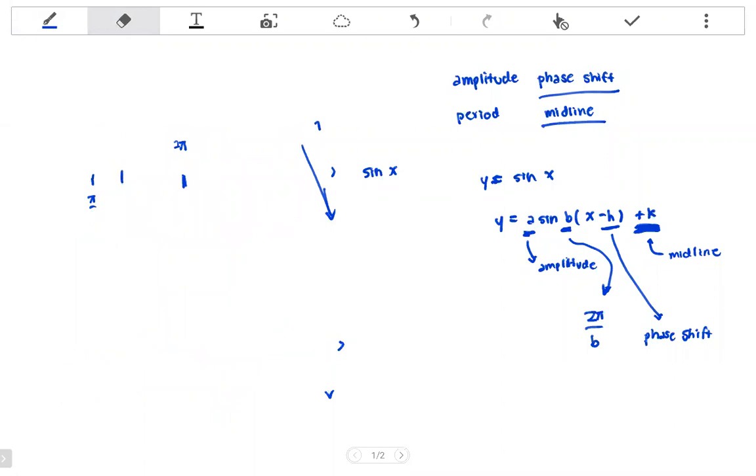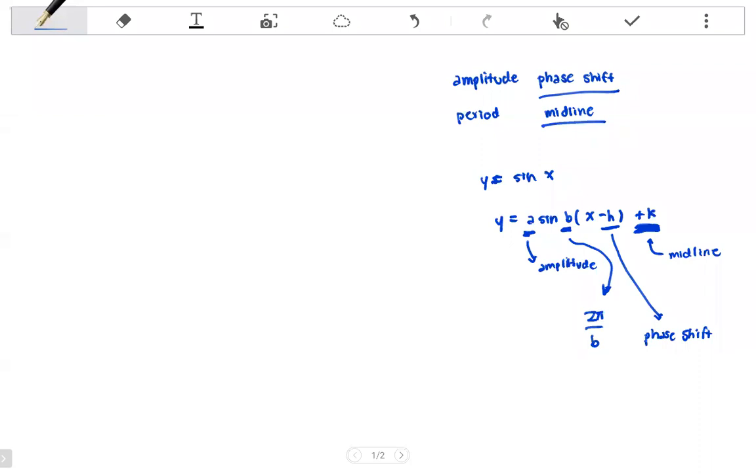And so, knowing all these 4 pieces of information, we're gonna find out how to graph, how to write an equation of sinusoidal functions.